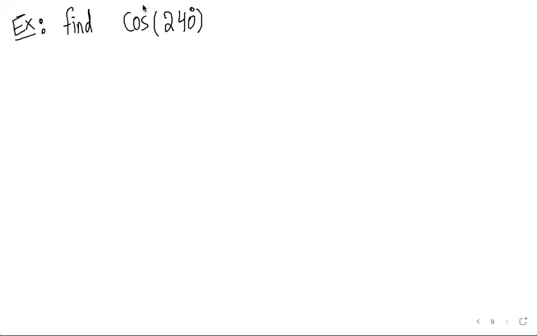Yes, I'm doing another example. The cosine for 240 degrees. First of all, when you see something like that, you have to graph. You have to know what is the angle, in which quadrant.